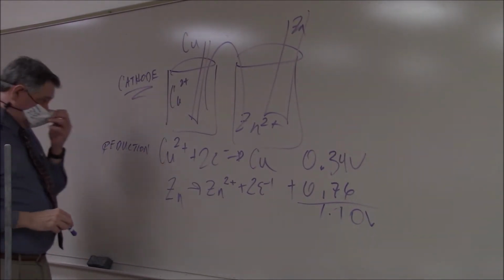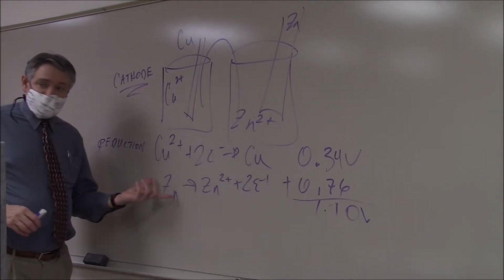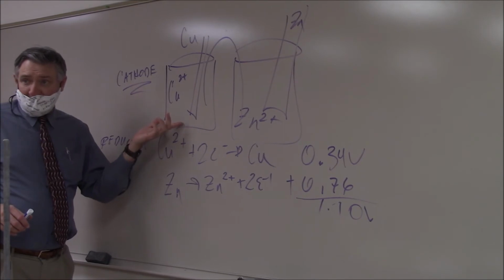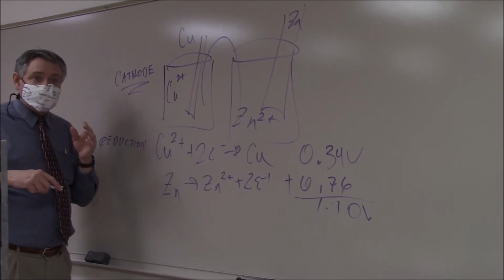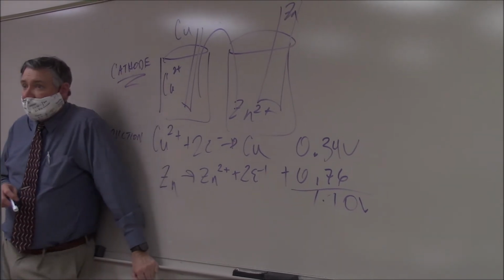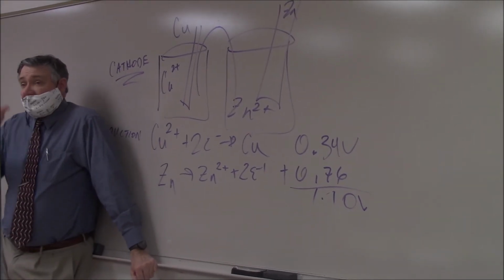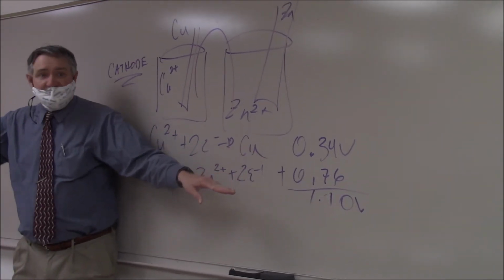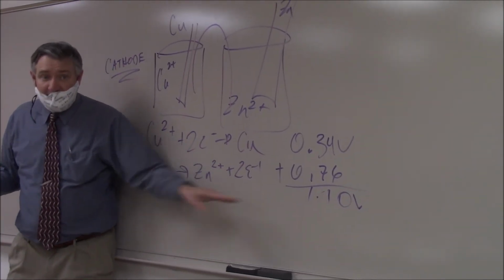Now, there's 2 ways that I can do this. Option number 1, if I just took a piece of zinc and dropped it into the copper, you would begin to see copper forming, and the zinc would dissolve, right? Because the zinc would be turning into zinc ions.